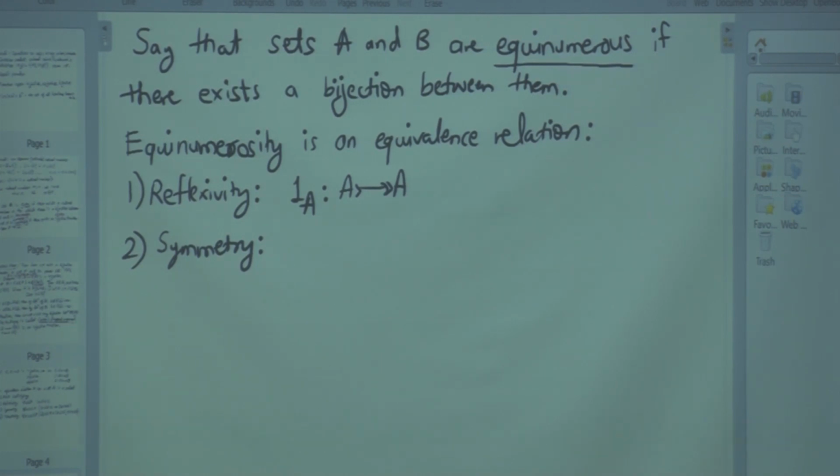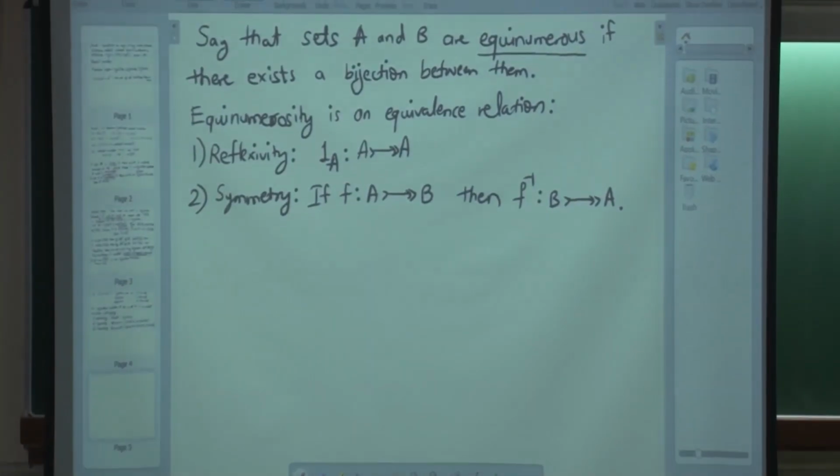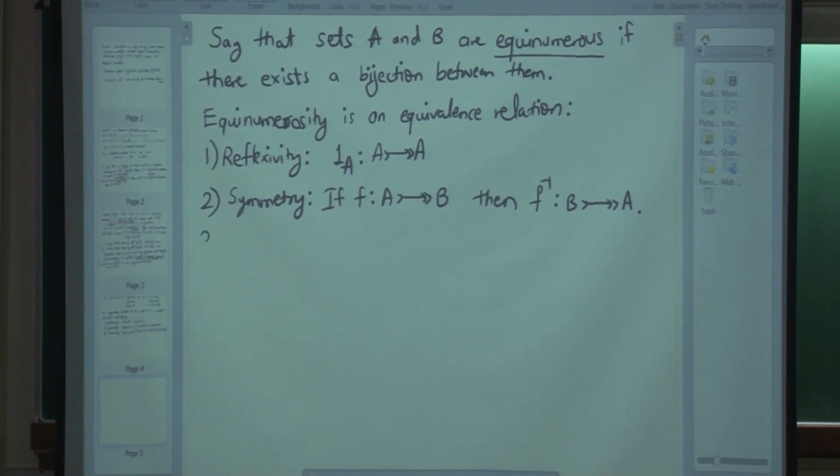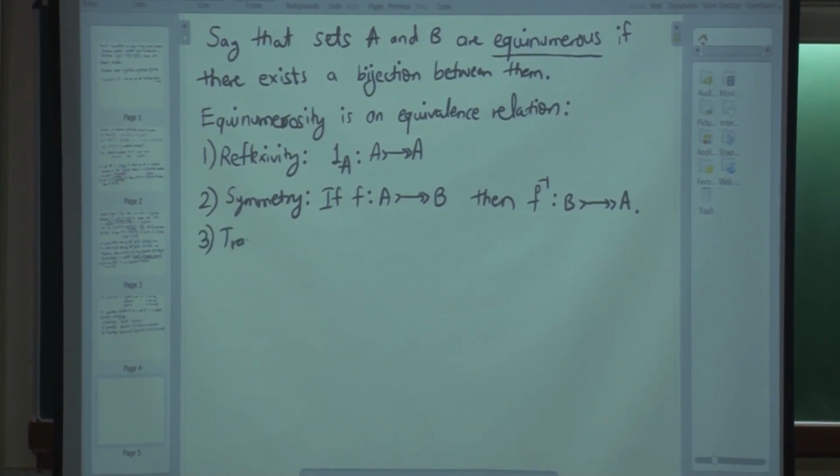If f from A to B is a bijection, then there exists, what function? f inverse, correct. How is f inverse defined? From B to A. Then f inverse from B to A is also a bijection. So the existence of a bijection is symmetric.